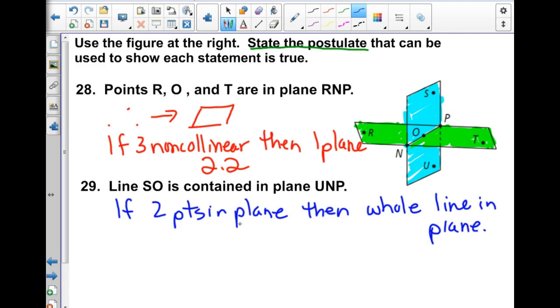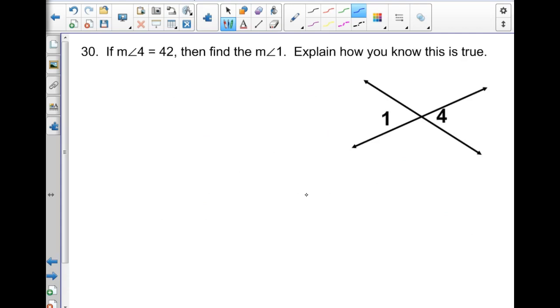I forgot which theorem it is, but you guys have it. 2 point something, I just don't remember what the number is. I'll take the postulate number or just the statement. I'm leaving it at that.